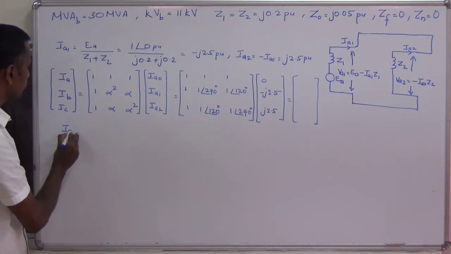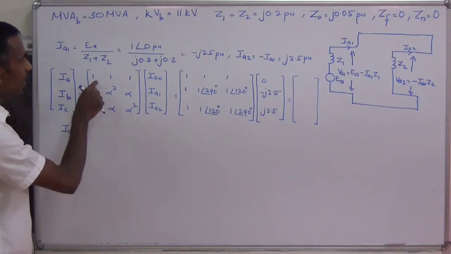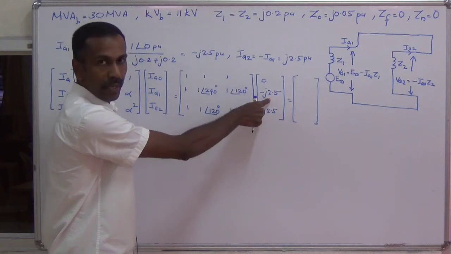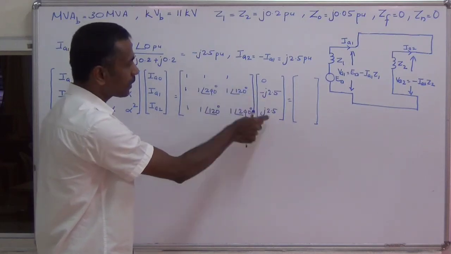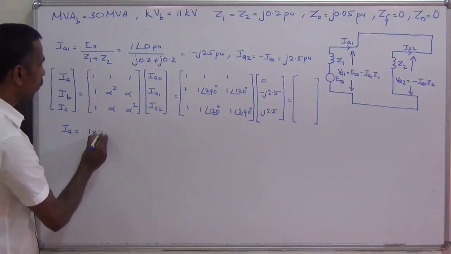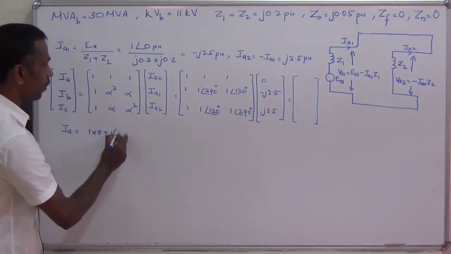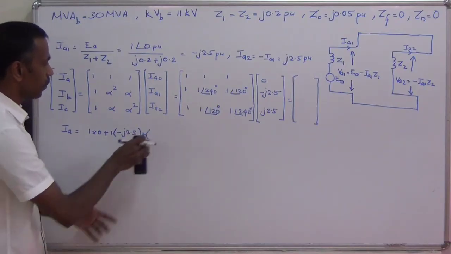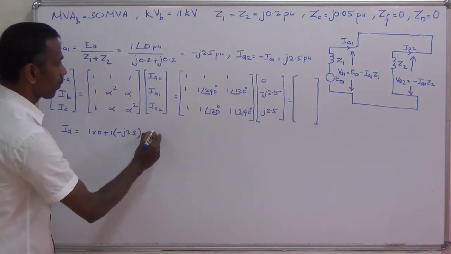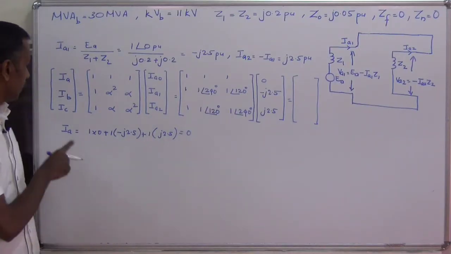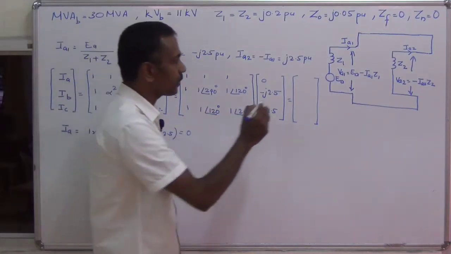IA equals 1 into 0 plus 1 into minus j 2.5 plus 1 into j 2.5, and this is equal to 0. So the phase current IA equals 0.